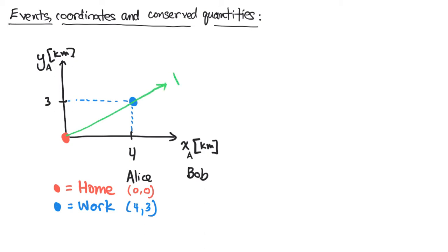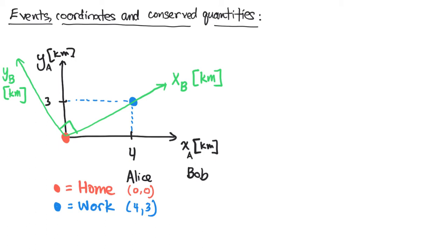So we'll label this xb for Bob's x-axis, which is in kilometers. And we want another axis here. It's going to be perpendicular to the first, and that will be his y-coordinate, again in kilometers. So we'll label that y sub b for Bob's y-coordinate.